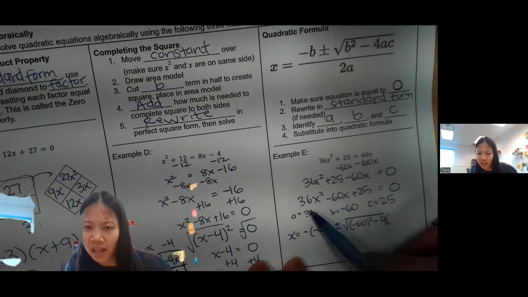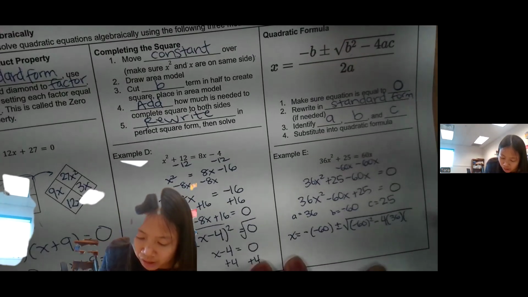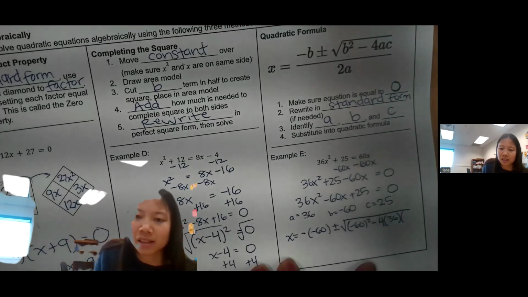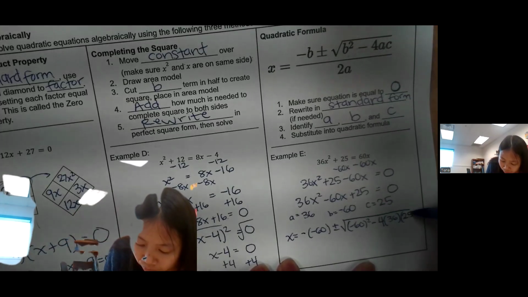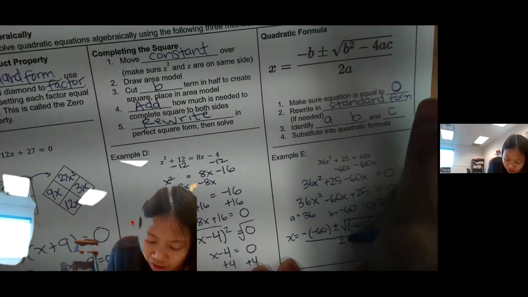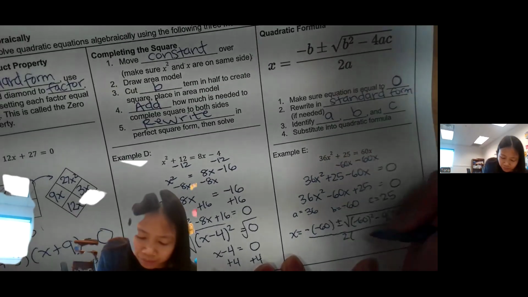My a value in this case is 36, so 36, and another parentheses for my c, a times c here, and c is 25. And then that is all over 2 times A. Again, A in my case is 36.